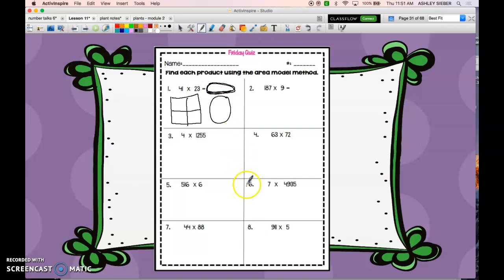So let me tell you how this is going to be graded. I'm going to grade each part of the area model and the addition and the answer. So there are a lot of points for this one. Did you break up the numbers correctly? Did you write the correct multiplication sentences? Do you have the correct partial products?